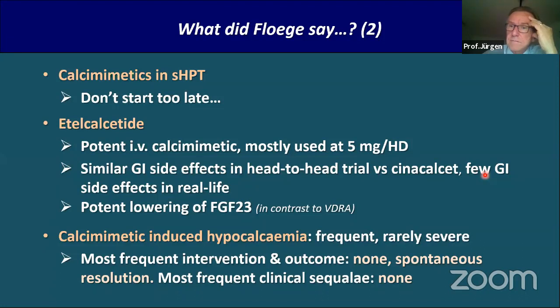Okay, here is a question about the role of cinacalcet in pre-dialysis patients. I think you talked about this. Yes. Amgen considered this, and they quickly dropped the idea. If you give cinacalcet to rats with CKD, let's say CKD 4 is maybe what you can get a rat into, the rat will die.